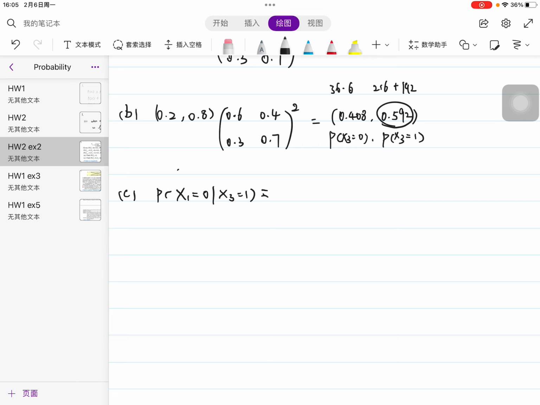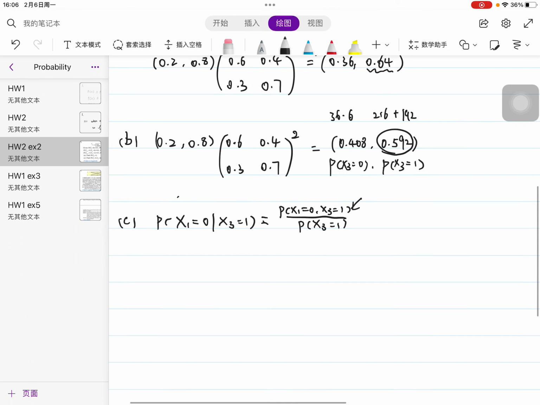We could write it as this, that is the probability of x1 equals 0 and x3 equals 1 over the probability of x3 equals 1. And from the previous question, we got the answer for x3 equals 1, so we just need to handle this, right?